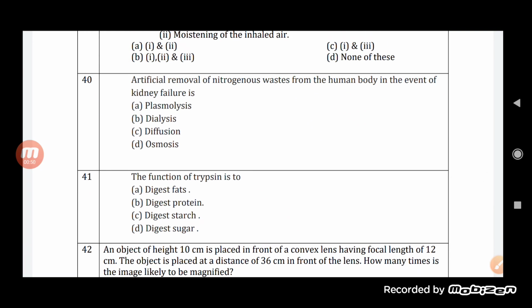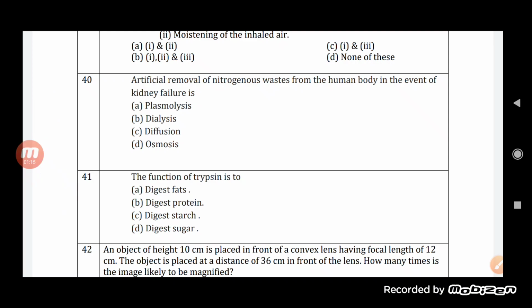Now let us see the next one, question number 40. The question is: artificial removal of nitrogenous waste from the human body in the event of kidney failure is plasmolysis, dialysis, diffusion, or osmosis.